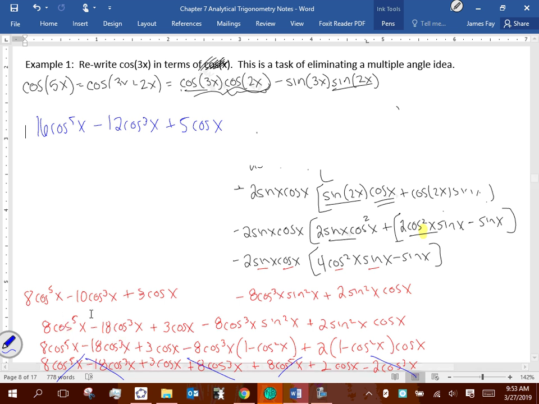So where did you get the negative 18? So I had this here, right? And then 8 cosine of fifth minus, yeah, that should have been 10 there, right? 10 cosine cubed.